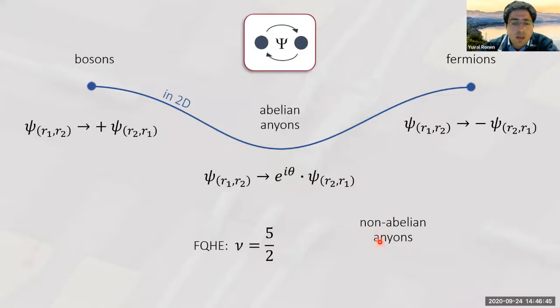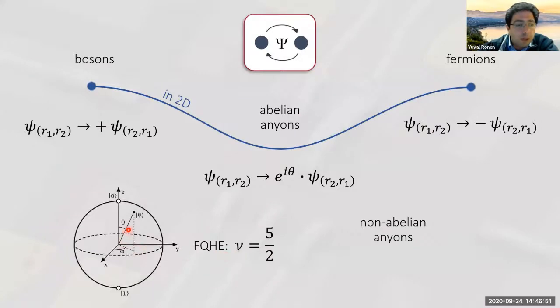So non-abelian anyons are realized when your ground state is degenerate, and you can think about the many-body wave function as having some vector in some high-dimensional Hilbert space. And when you interchange these two non-abelian anyons, you basically move from one vector to another vector in this Hilbert space, okay?